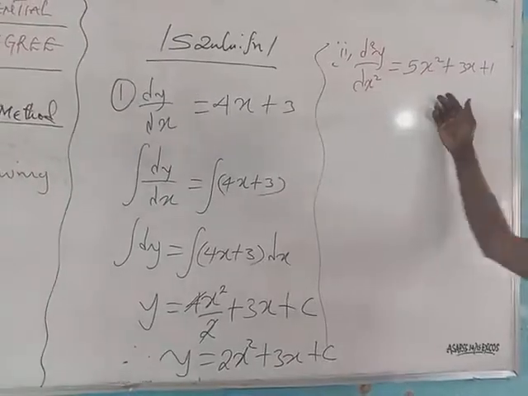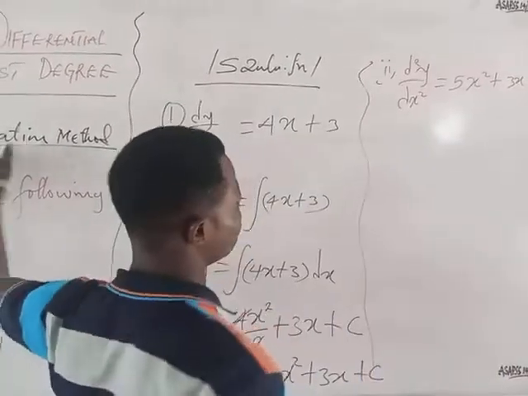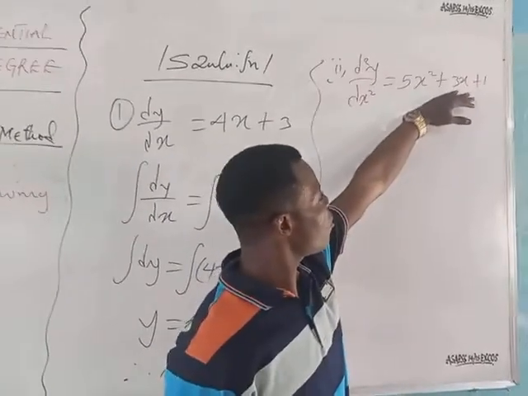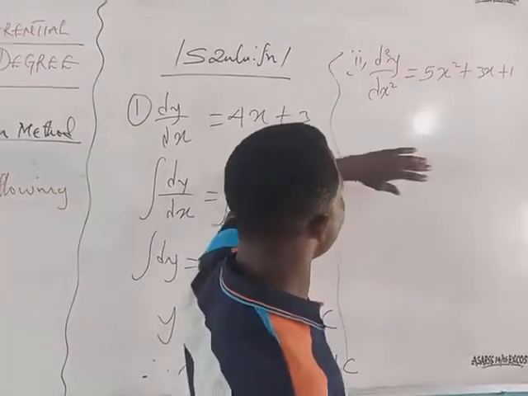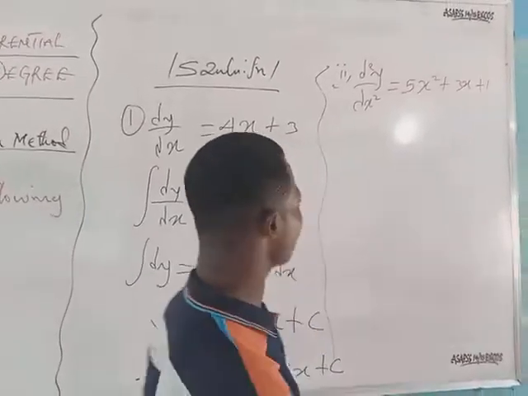So how do we integrate this? We are also integrating using this direct method, because the function of the independent variable and the differential part of it are separated completely.